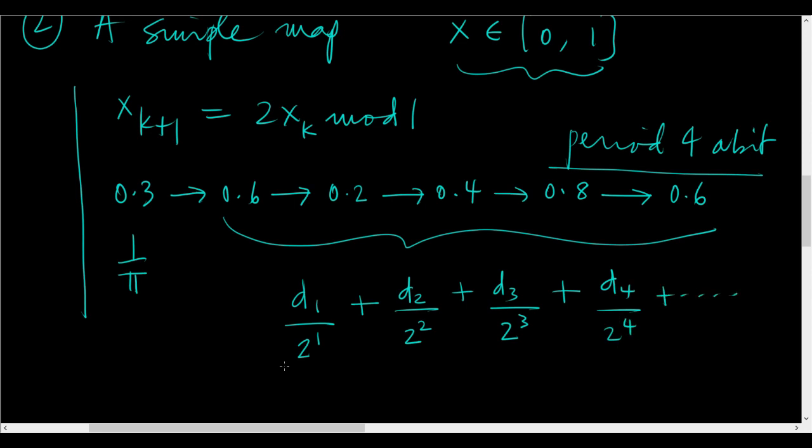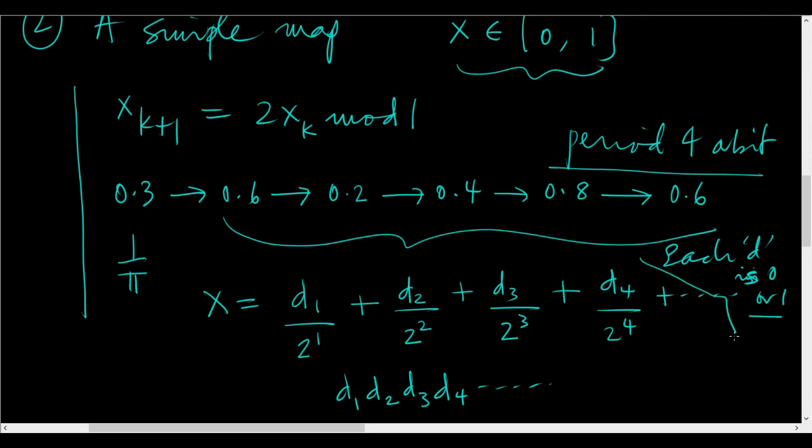And in this way, if I describe x like this, then I can basically call it equivalent to this sequence of digits, and each d is 0 or 1. Okay, so this is a binary sequence.